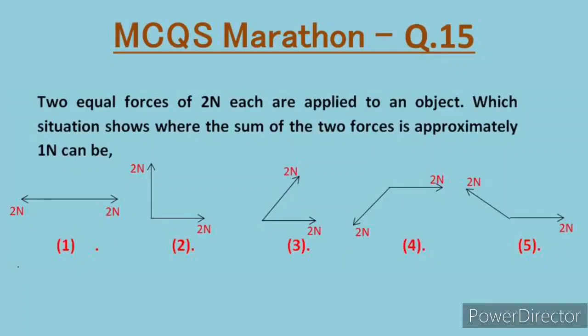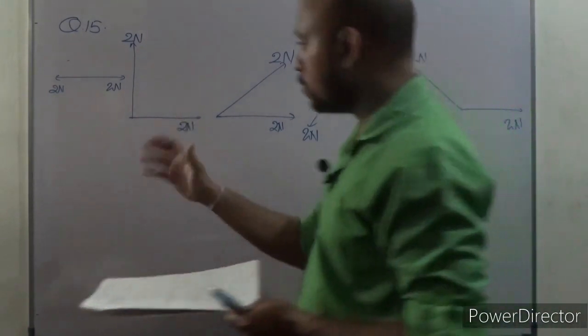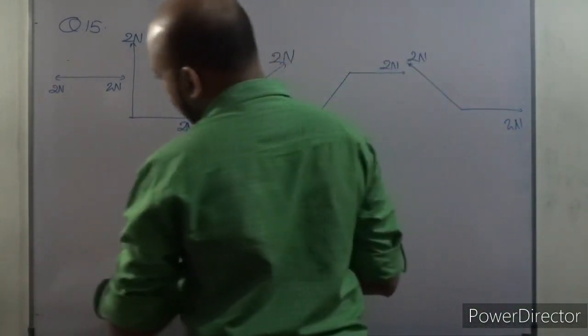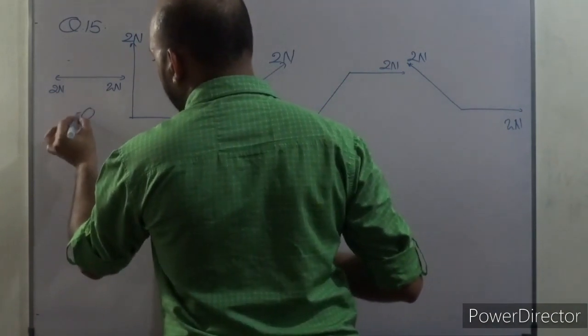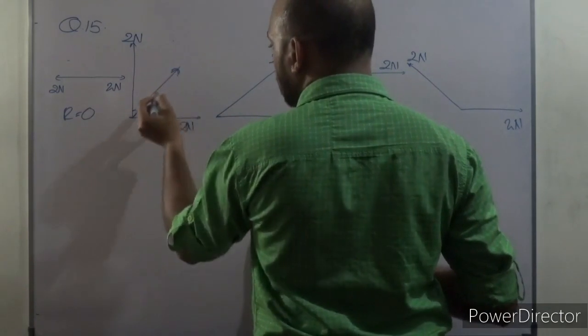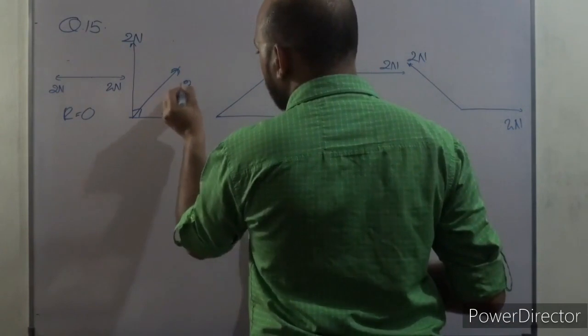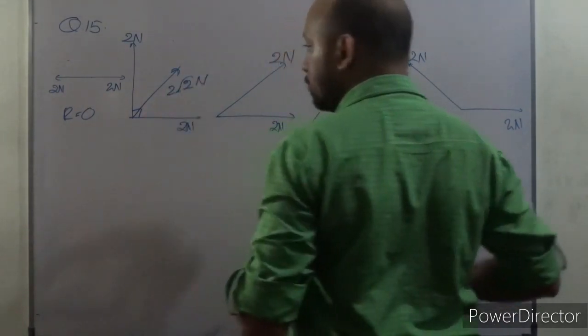Right. Question number 15. 2 equal forces of 2 Newton each are applied to an object. Which situation shows where the sum of the 2 forces can be approximately 1 Newton? Sum of 2, right. For the first one, the forces are equal and opposite, so the resultant is 0. Here it is perpendicular, so using Pythagoras' theorem the resultant is 2 root 2 Newton.